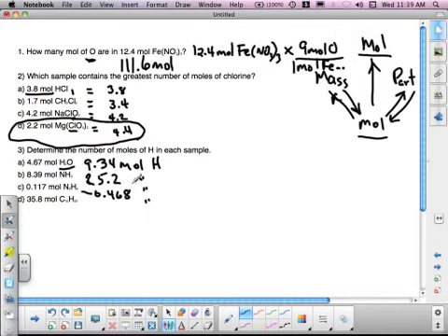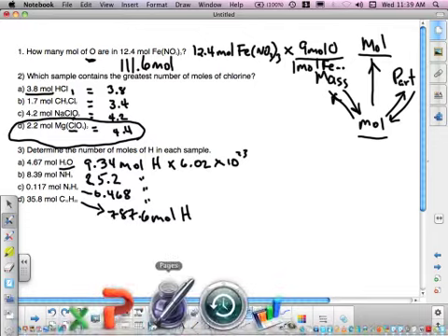And D, 35.8 times 22. So 787.6 moles of hydrogen. In every case, if the question had been how many atoms of hydrogen, the next thing you would do would be to open that mole by multiplying times Avogadro's number.